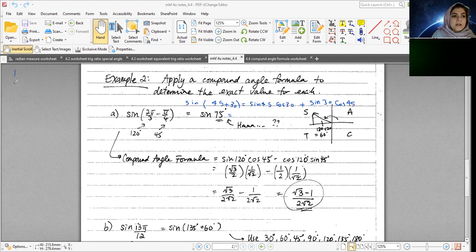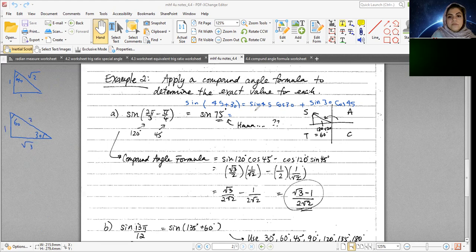A special triangle, you really need to memorize it. If you have 45 here, you have 1, 1, square root of 2. If you have the other one, here is 30, here is 60, the sides are square root of 3, 1, 2.